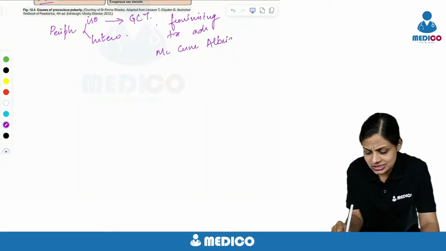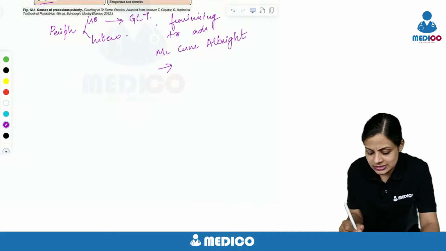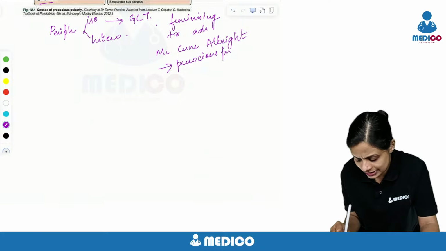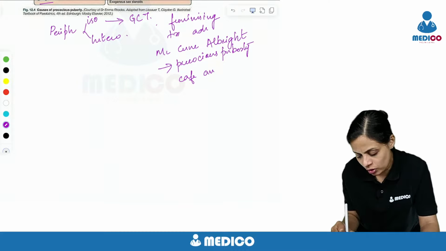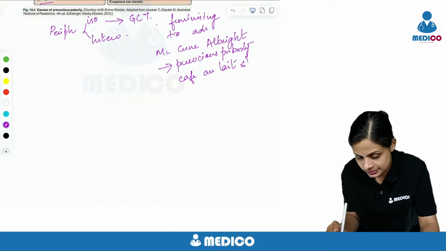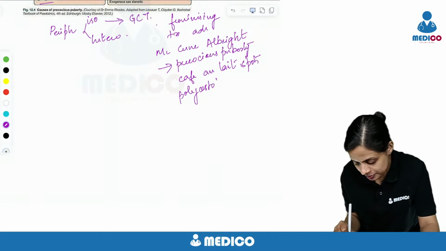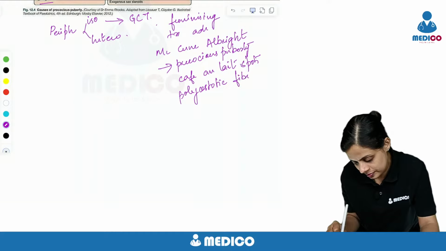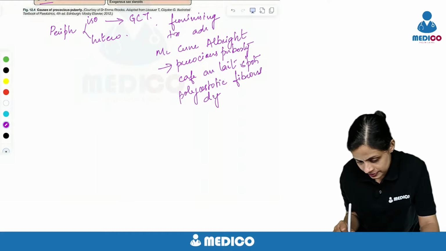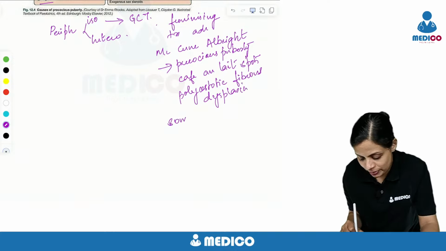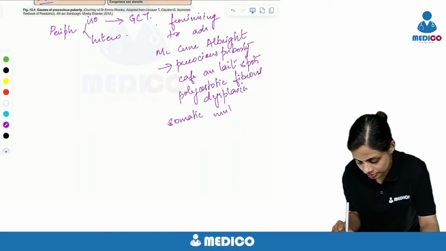McCune-Albright has been asked several times. McCune-Albright is a syndrome that presents with precocious puberty. There is precocious puberty. There are typical skin lesions called the ccafé au lait spots and polyostotic fibrous dysplasia. This is the triad of McCune-Albright syndrome, which is caused due to a somatic mutation of the alpha subunit of G protein.